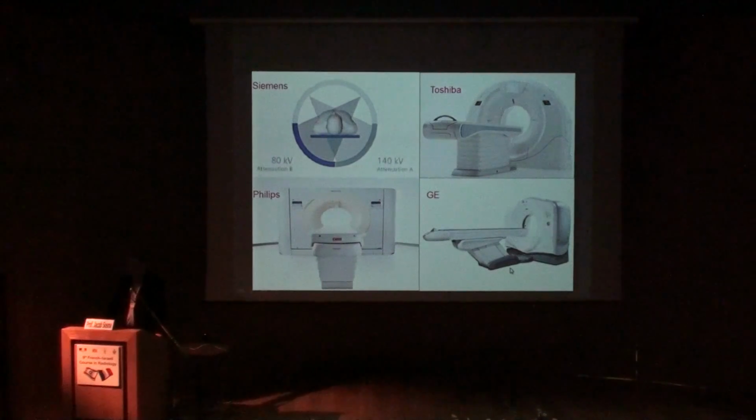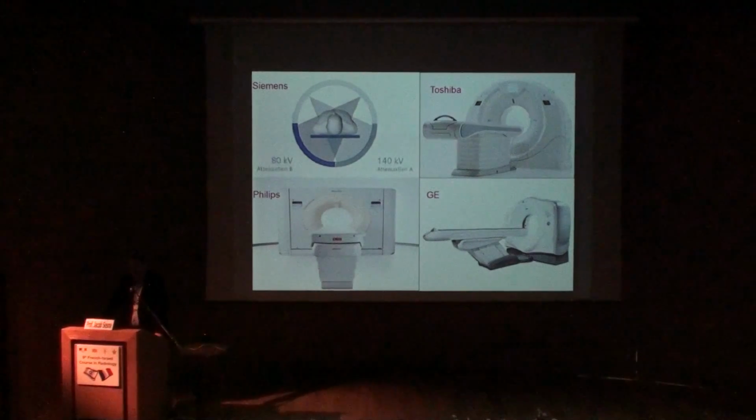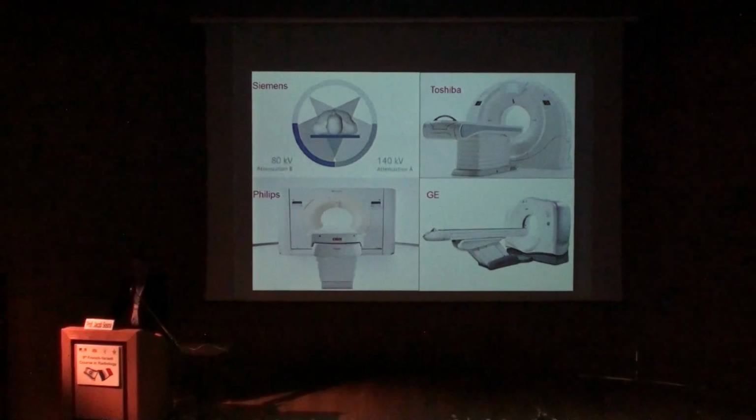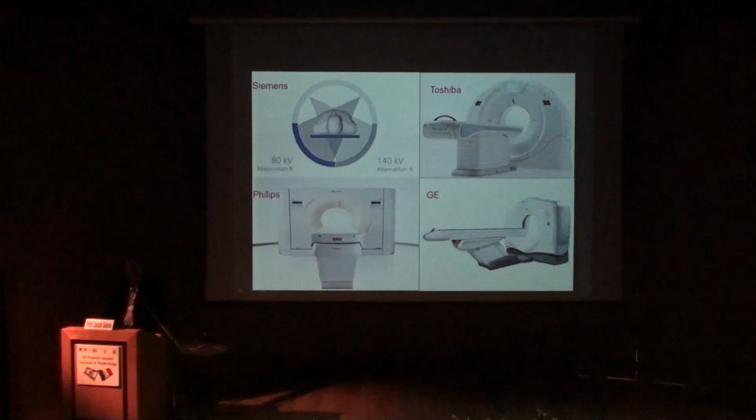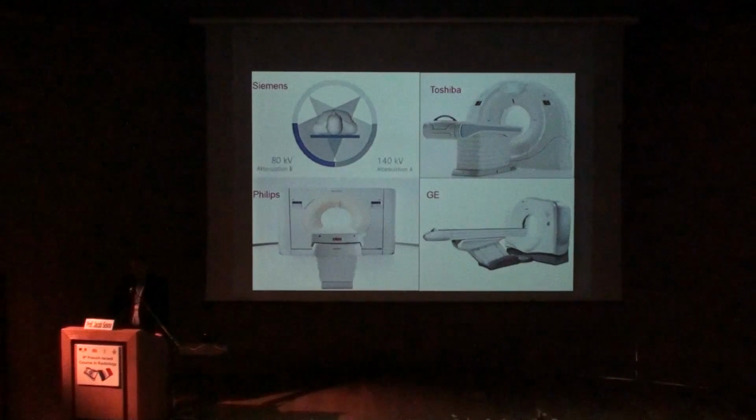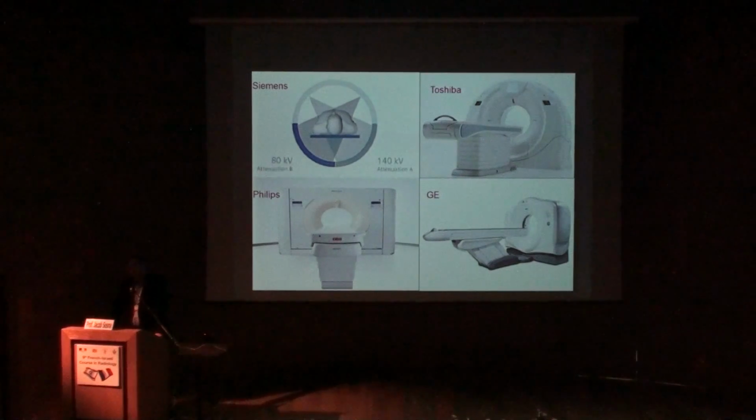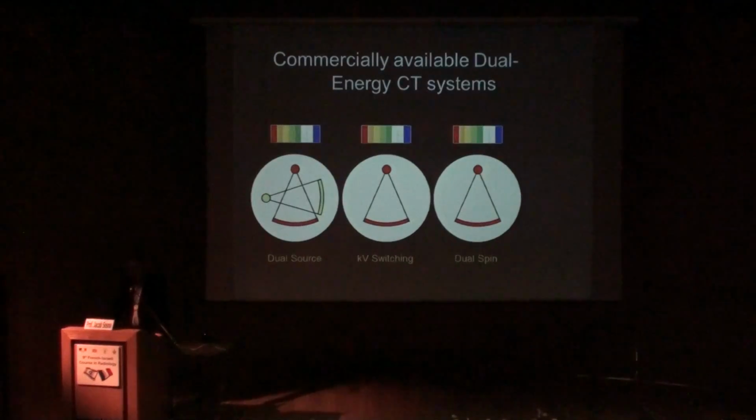GE has again a tube-based technique with rapid kV switching ranging from 80 to 140 and very rapid change. Philips introduced the dual detector approach, the sandwich, which is detector-based, and we have Toshiba. They claim that they have dual energy, but actually it's a full rotation around the patient that needs to be done twice at different energies.